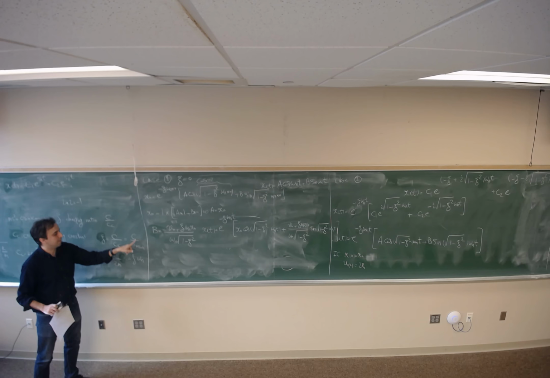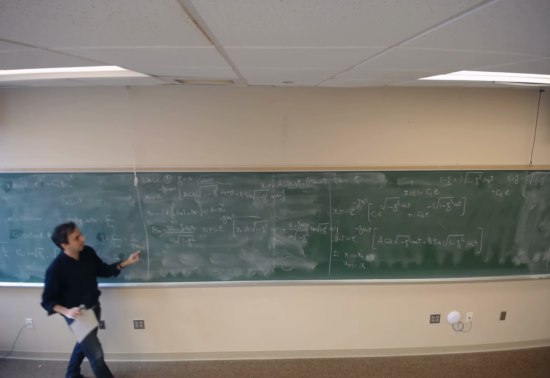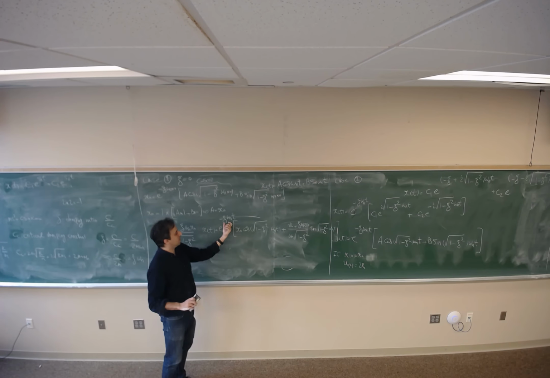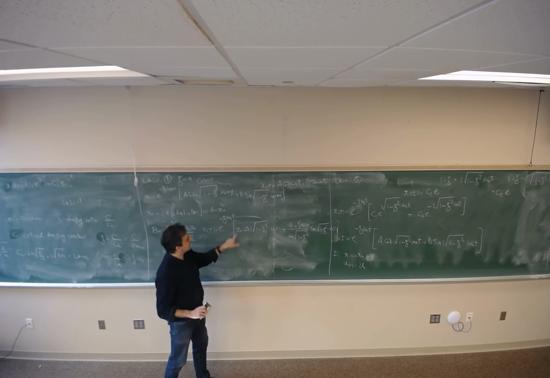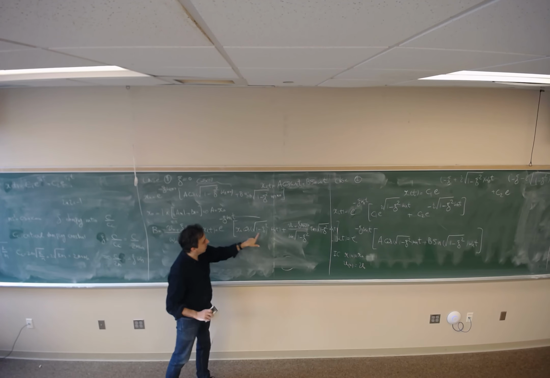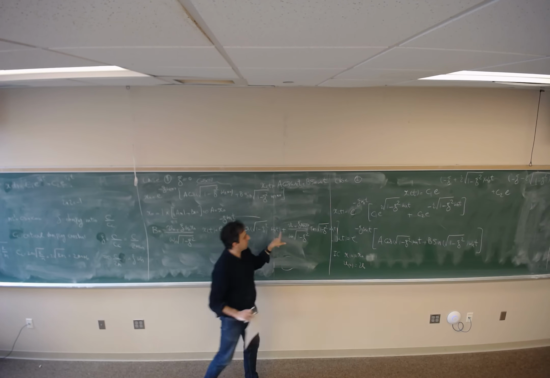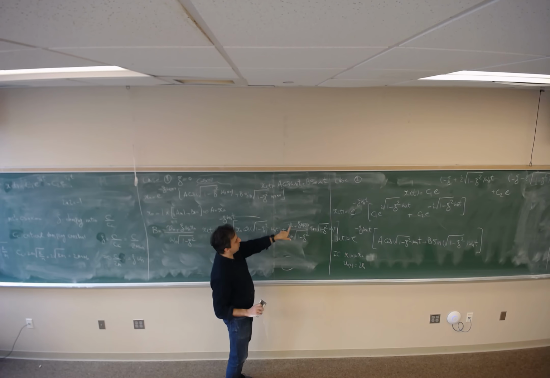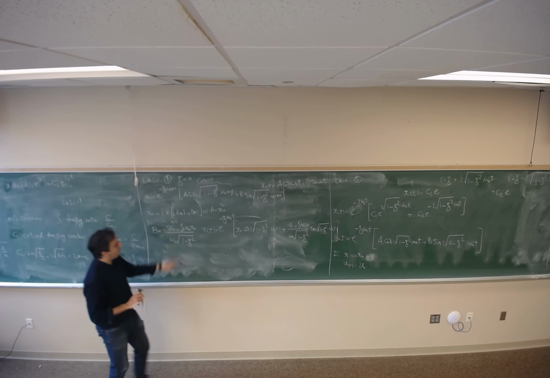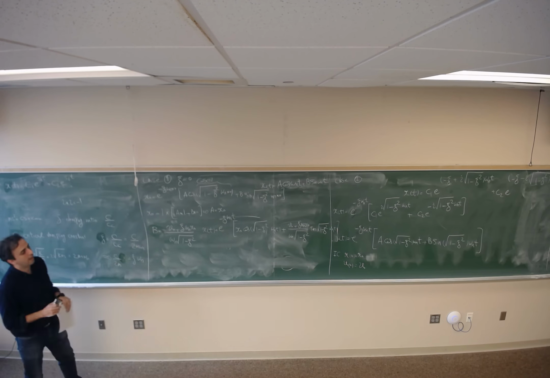C is the specification of the system, m and omega n are the specification of the system. So you can find this. X naught is the initial condition. Here you calculate cosine of this term by plugging time equals 0.1. Same thing here. V naught is the initial condition, and we can find x of t at any specific time.